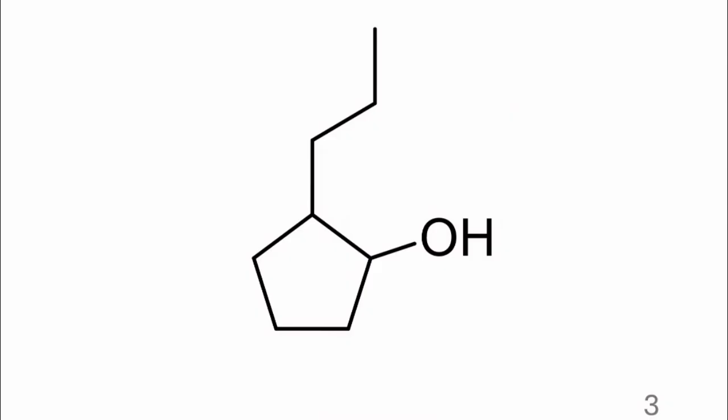So when it comes to that ring system, since it has 5 carbons, 1, 2, 3, 4, 5 carbons, or more correctly, I should start at the carbon with the OH because that's where everything originates. This is carbon 1, carbon 2, carbon 3, carbon 4, carbon 5.